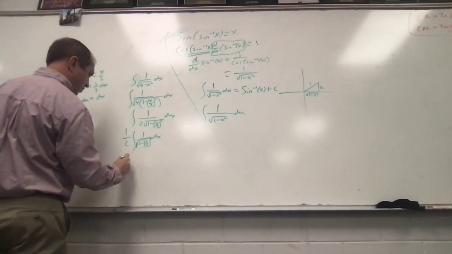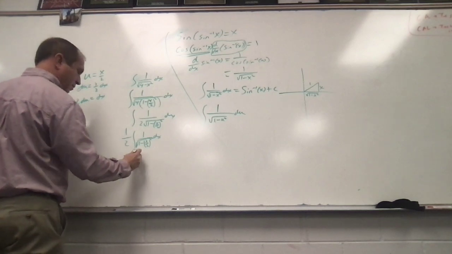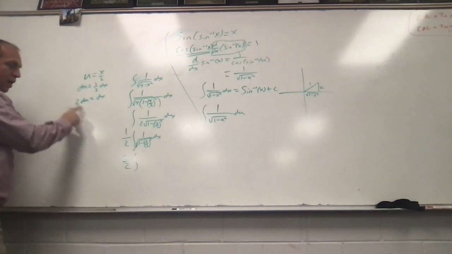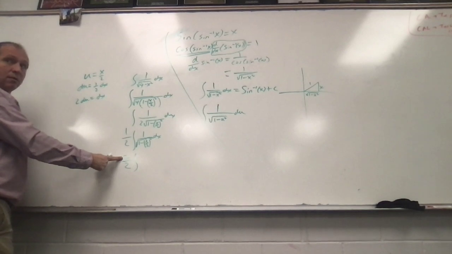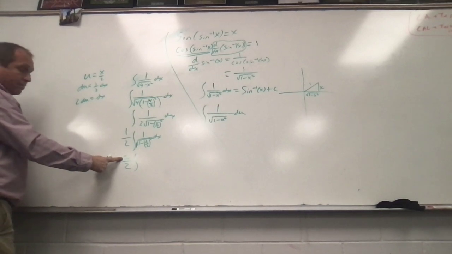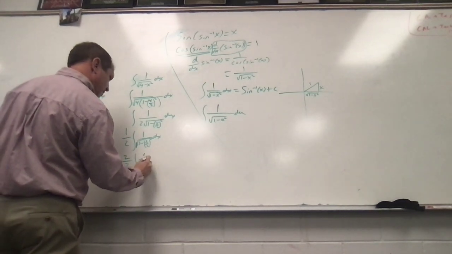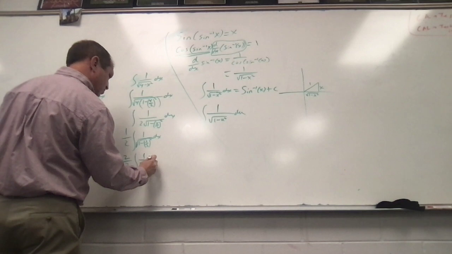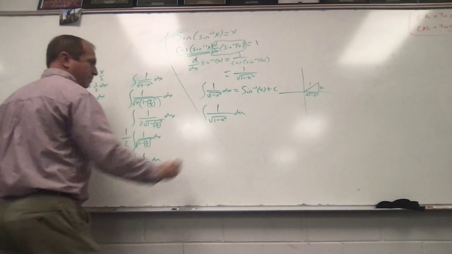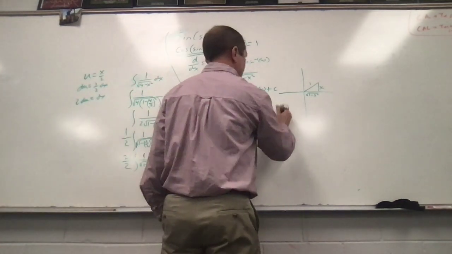So I have 2 over 2. This 2 right here comes out to the numerator. So now this is 1 minus u squared du. So that's going to equal the sine inverse.